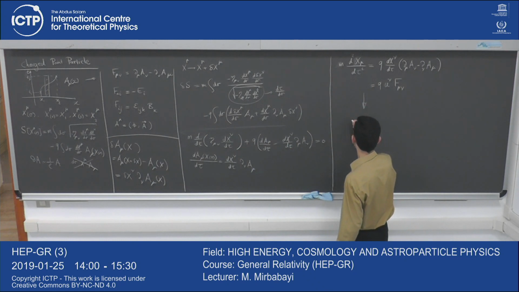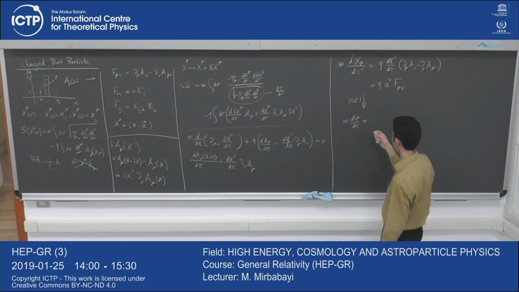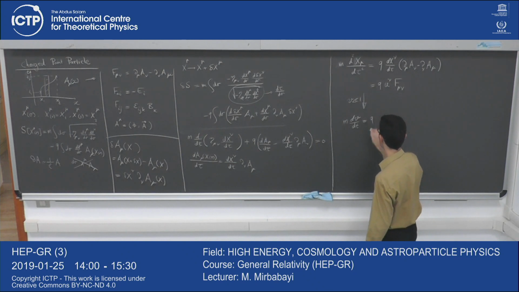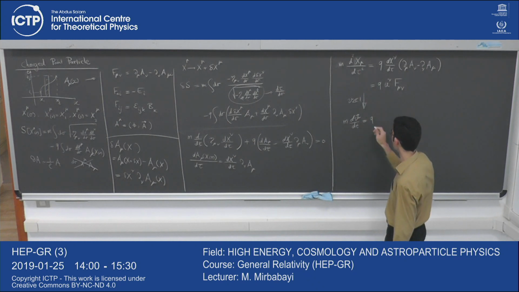So when velocity v is much less than 1, then this equation just becomes m times dv dt, which is ma equals the force. It becomes equal to the Lorentz force, v, the vector. So this is just what I get from the left hand side.